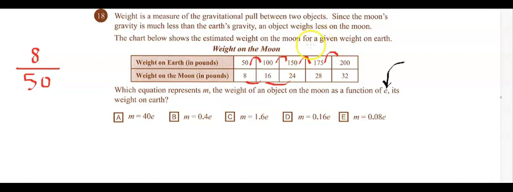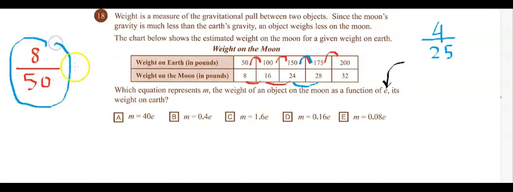What about over here? 150 to 175 is what? 25. And then 24 to 28 is 4. Let's take a look. How can I reduce 8 over 50? It's the same thing as 4 over 25, because they're both even numbers and can both be reduced by 2.